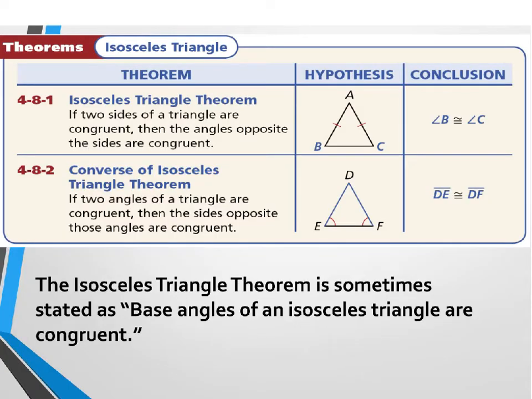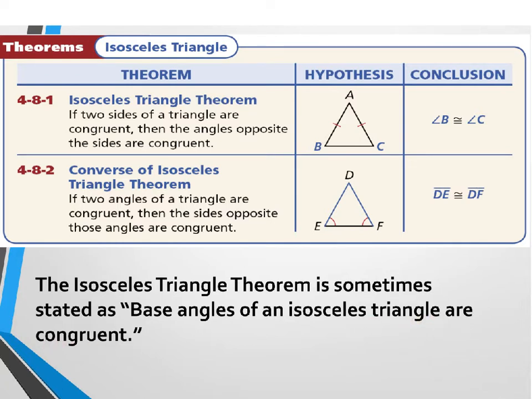Here are a couple of theorems in this section. One is the isosceles triangle theorem. Here's how it goes. If two sides of a triangle are congruent, then the angles opposite the sides are congruent. This theorem may also be stated like this: the base angles of an isosceles triangle are congruent.